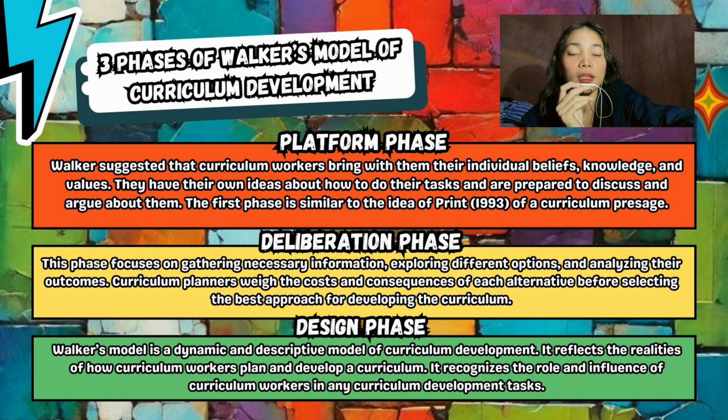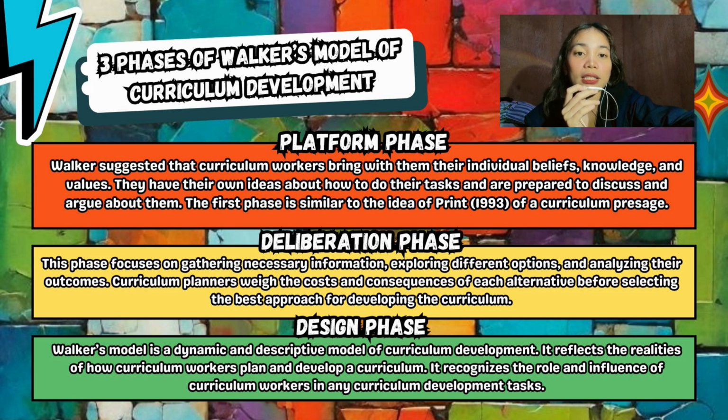So an example here in the Philippines: when the senior high school program was added to the K-12 system, education leaders listened to teachers, parents, and industry experts to decide what subjects and tracks should be included.